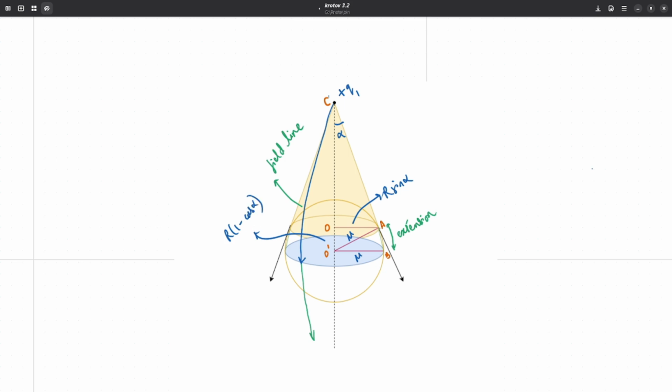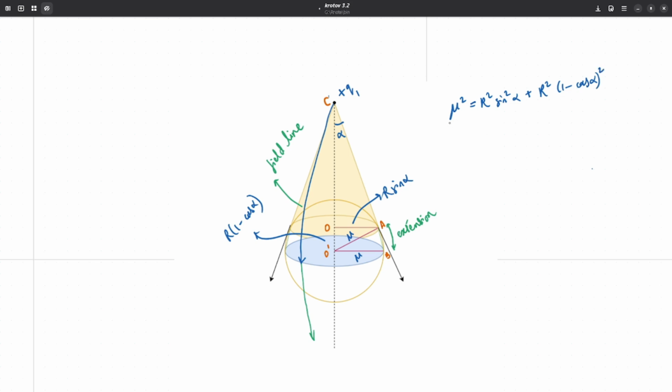Therefore, triangle AOO prime is a right angle triangle, and using Pythagoras theorem, we can write mu square is equal to r square sine square alpha plus r square times 1 minus cos alpha whole square.